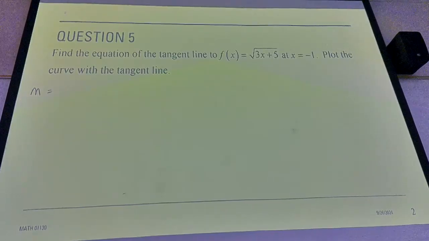What is the slope of a tangent? Is it a derivative?